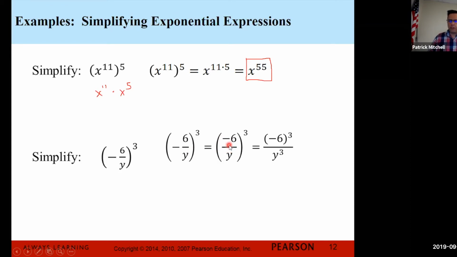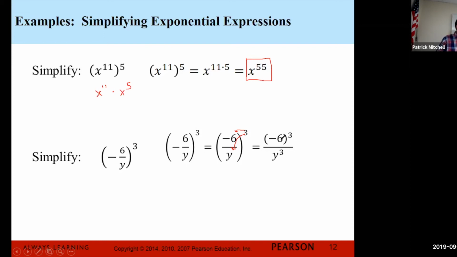I just thought it was a little simpler to do it that way. Most people do this step without even really thinking about it. Then you use your quotient to a power rule, put the third power on the -6 and the third power on the y, so that gives you the third power of -6 divided by the third power of y. Notice I'm putting the whole -6 in parentheses.